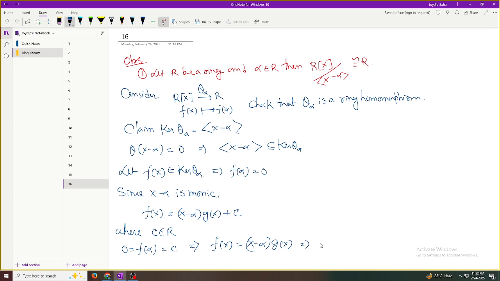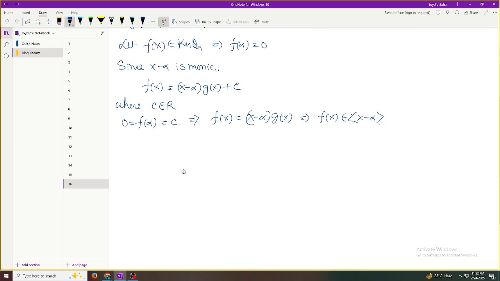This implies f(x) belongs to the ideal generated by x minus alpha. Therefore the kernel of theta alpha is the ideal generated by x minus alpha.